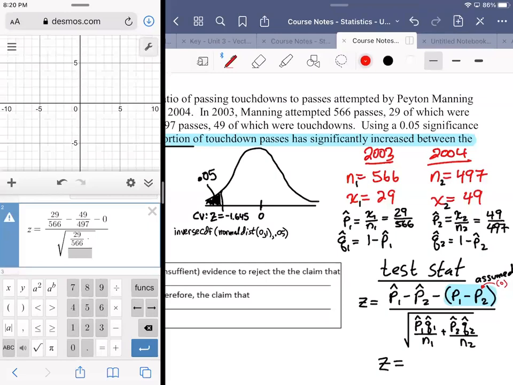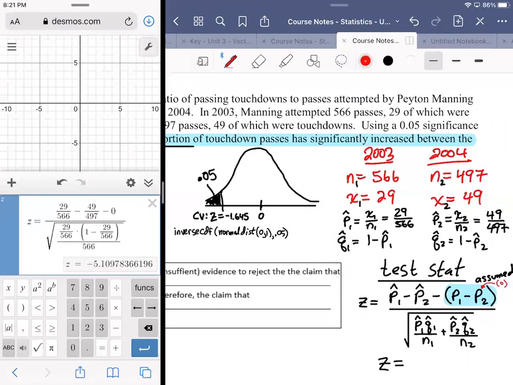All right, so Q hat 1 is 1 minus P hat 1, which is 1 minus 29 over 566. Like I said, this is going to be a monster, but it's still a lot better than doing it by hand. Right? The N1 value is 566.